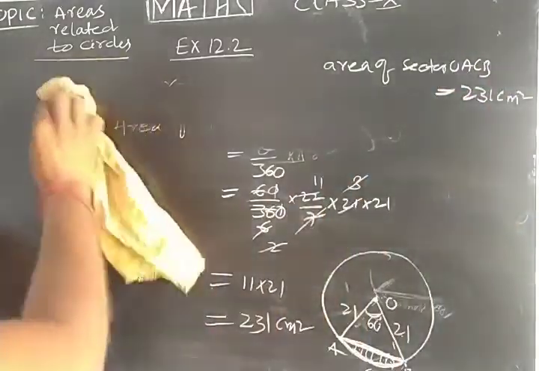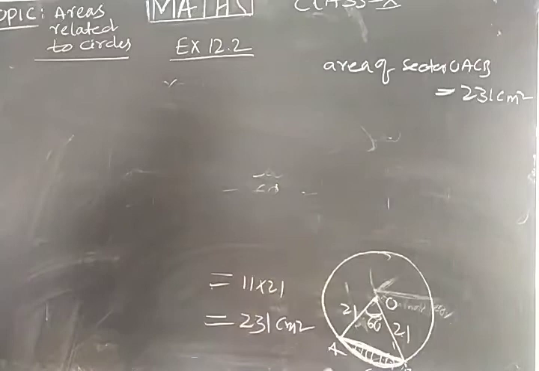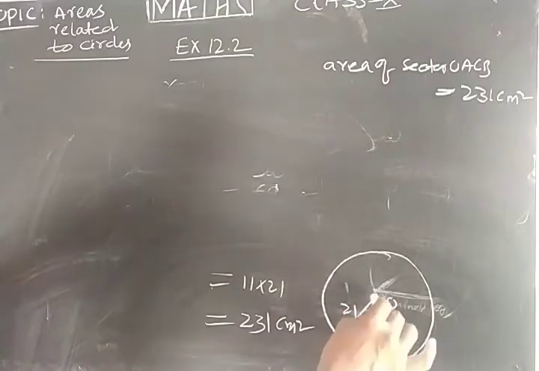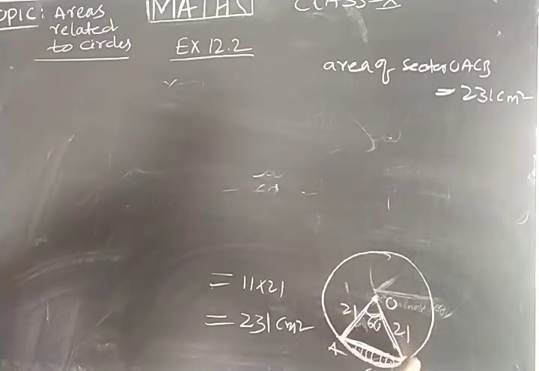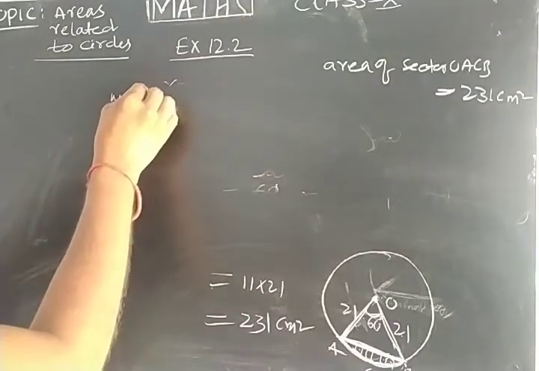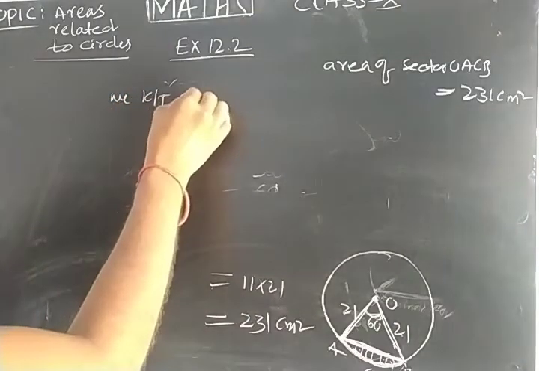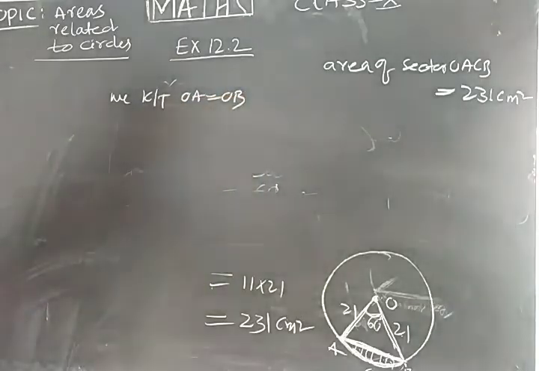Now to find the third one, the area of the segment formed by the chord, we need the area of the triangle. In this, OA and OB are radii, so OA equals OB.